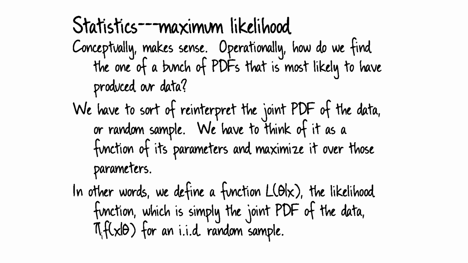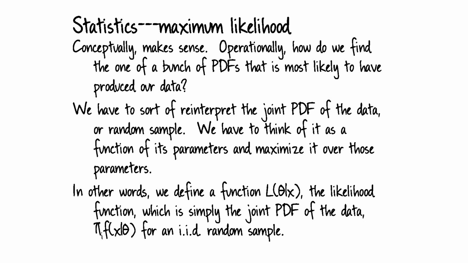How do we get this likelihood function? Well, we just take the product of the individual PDFs of all of the guys in our random sample, right? You guys remember that? So what's a random sample? It's independent, identically distributed random variables. To get the joint distribution of independent, identically distributed random variables, you just take their distributions and multiply them together because they're independent.